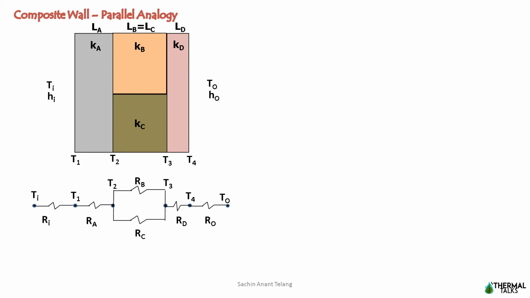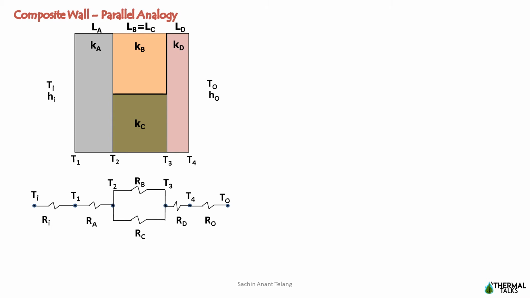Practically speaking, wall D receives two different values of temperature T3 from wall B and wall C. But for simplicity of understanding of the heat transfer mechanism, we assume that at the intersection of wall BC and D the temperature is the same, that is temperature T3.